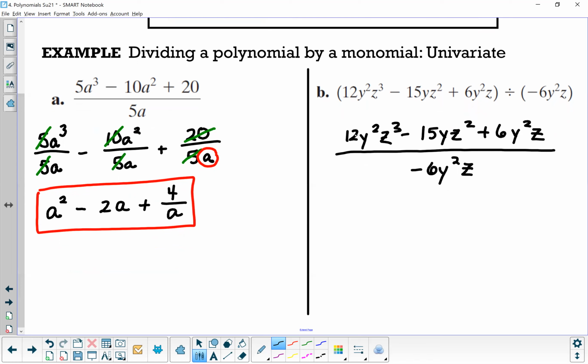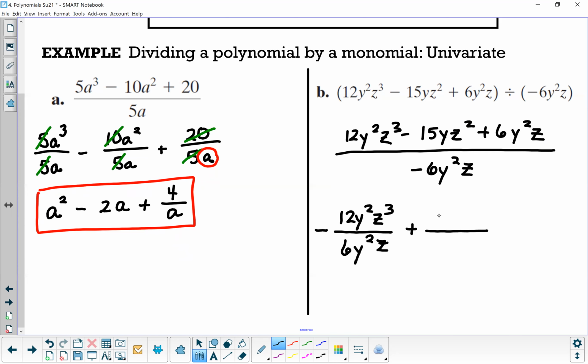Since it's a positive divided by negative, I'm going to put the negative out front and then write my fraction. 12y squared z cubed over 6y squared z. The next one, since we have a minus and then 15 over the minus 6, the negative divided by negative is a positive, so I'm going to put the plus.